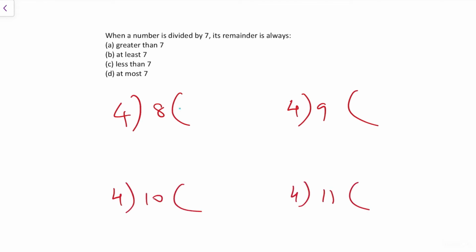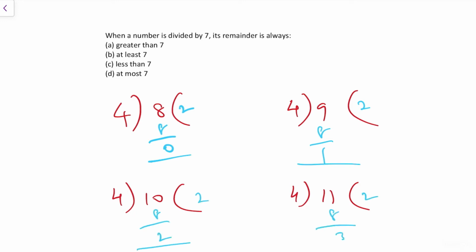4 2s are 8, 0 remainder. 4 2s are 8, 1 remainder. 4 2s are 8, 2 remainder. 4 2s are 8, 3 remainder. Next if we take 12, 4 3s are 12, 0 remainder. So in this case I took the divisor as 4, whereas our remainders are 0, 1, 2, 3 only.